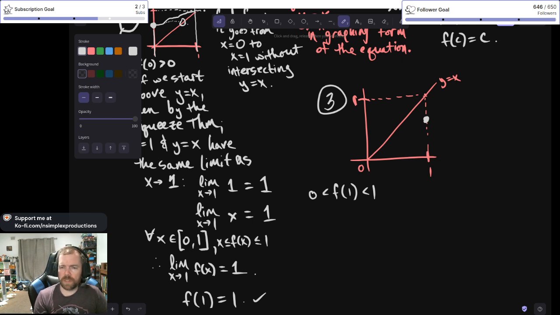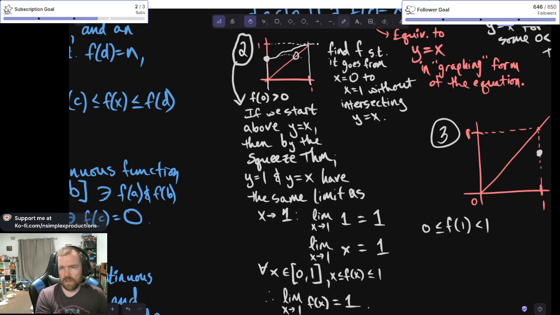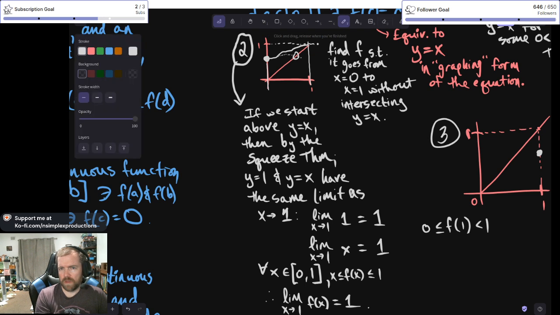And it could be equal to 0 at the bottom as well. Doesn't really matter. It just can't be 1 itself. And realistically, we want to do the same thing here. So f at 0 has to be strictly greater than 0, but it could be less than or equal to 1.